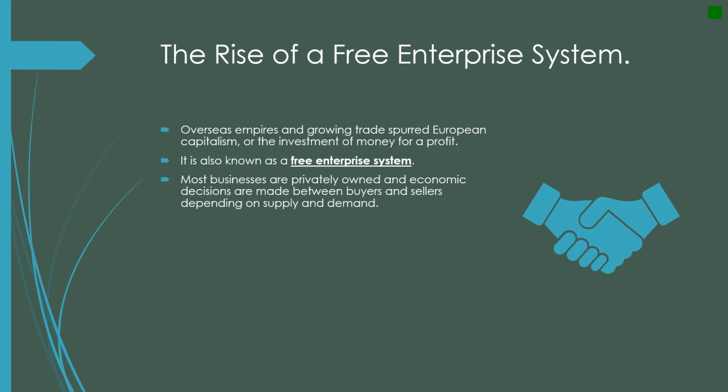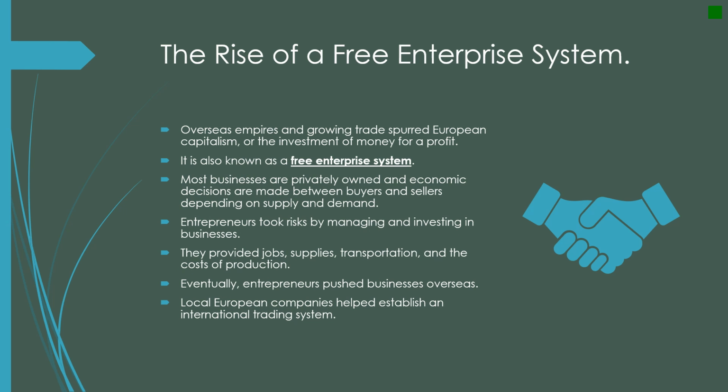So, the rise of a free enterprise system. Overseas empires and growing trade also spurred European capitalism. Capitalism is the investment of money for a profit. It's also known as a free enterprise system. What that means is most businesses are privately owned, and economic decisions are made between buyers and sellers depending on supply and demand, okay?